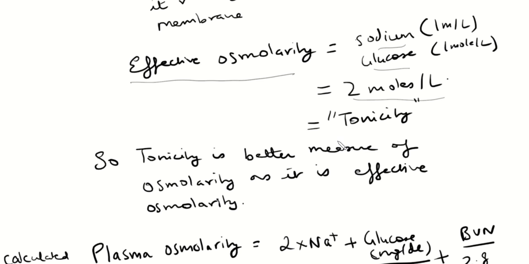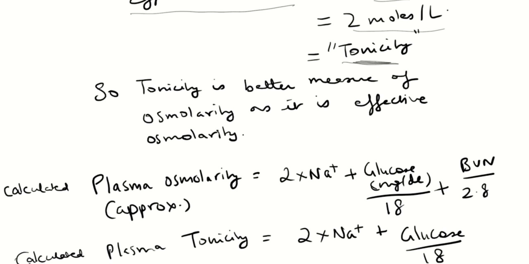This, ladies and gentlemen, is the concept of tonicity. So tonicity is effective osmolarity, or it is a measure of osmolarity that is effective. It does not take into account molecules that are ineffective solutes. Okay, so let's take a look at it. Can I calculate plasma osmolarity? Yes, we can.